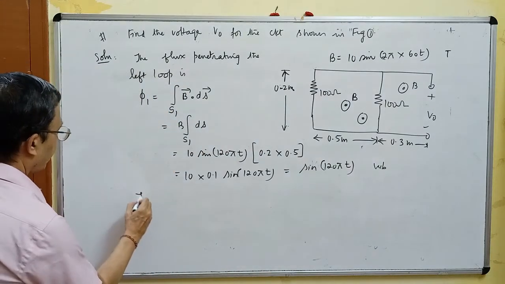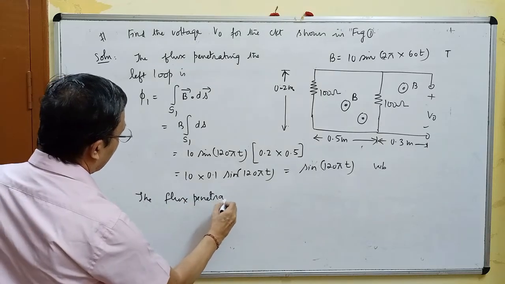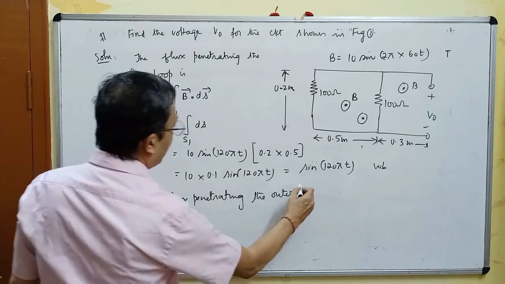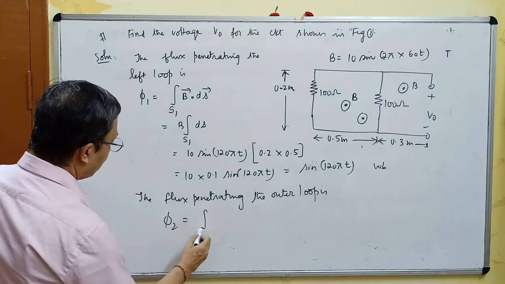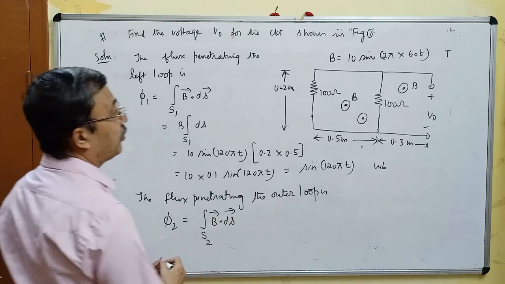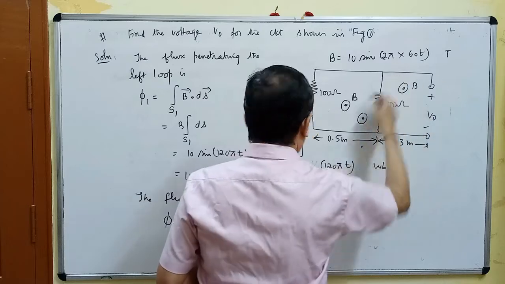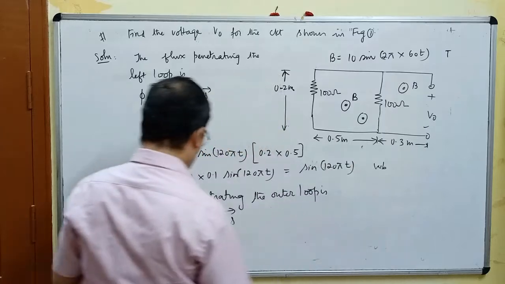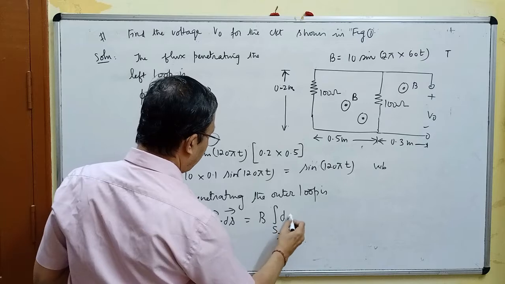The flux penetrating the outer loop is phi 2 is equal to the surface integral of vector B dot ds. Here S2 refers to the area bounded by the right rectangular loop. So what is B? It is nothing but B into the surface integral of ds.